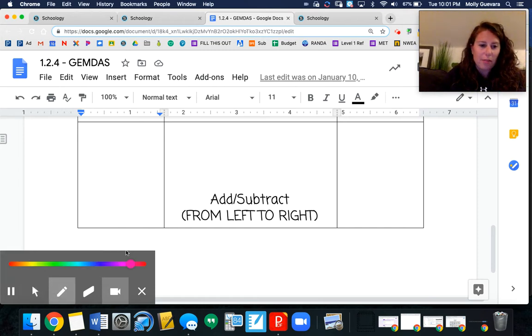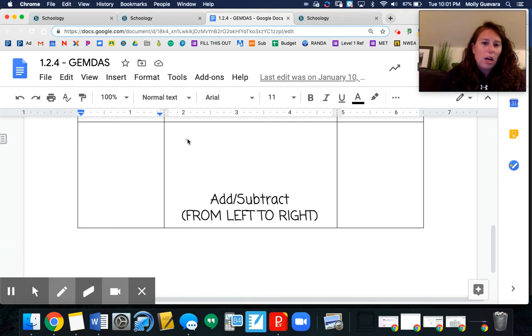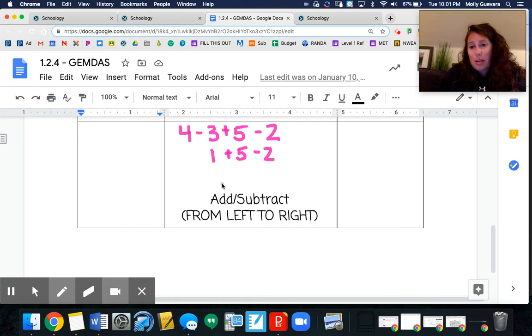So on the inside of your foldable now, let's look at the problem 4 minus 3 plus 5 minus 2. Since I only have pluses and minuses, I'm just going to go from left to right. So 4 minus 3 is 1. Notice that every step is on a different line, and I'm just doing one step at a time.